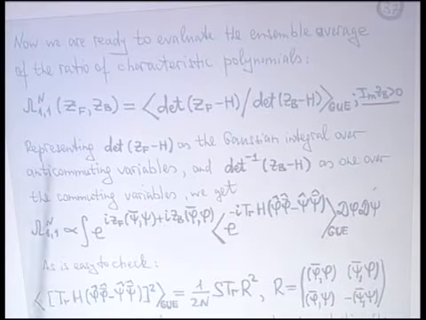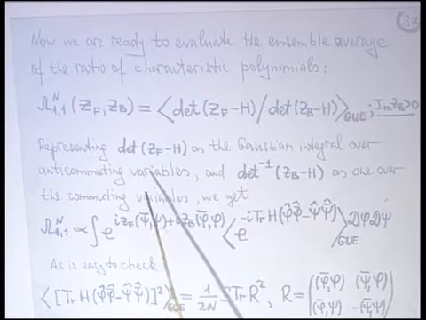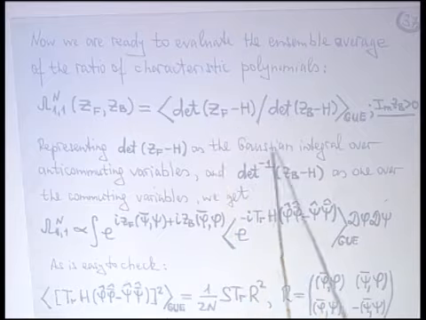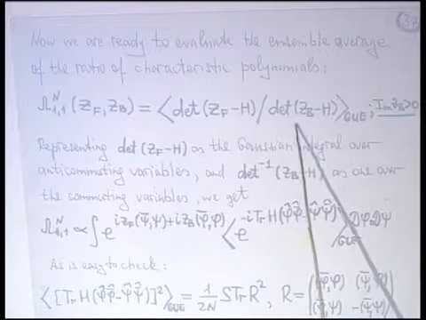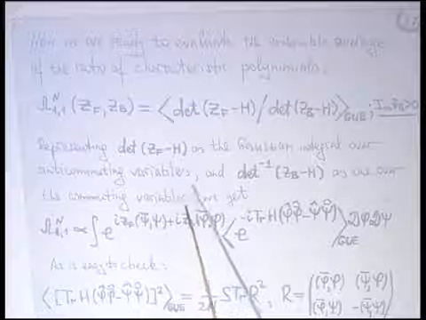Then we represent, using the standard route, the determinant in the numerator as a Gaussian integral over anti-commuting variables, and the inverse determinant in the denominator as a Gaussian integral over usual commuting variables.